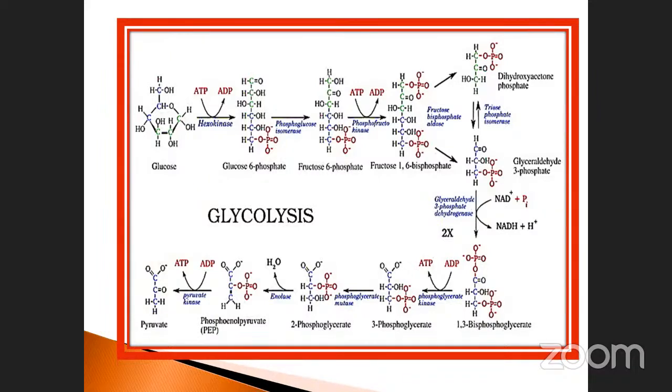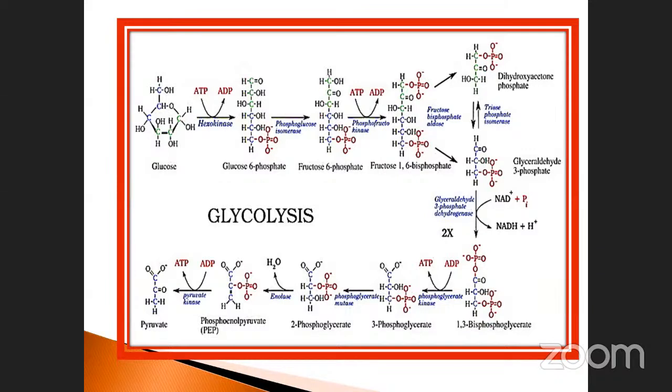Before this part, see here, glucose is converted into glucose 6-phosphate. The 6th carbon atom of the glucose molecule contains a phosphate molecule, which is why it is named glucose 6-phosphate.